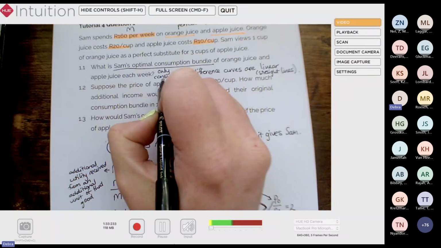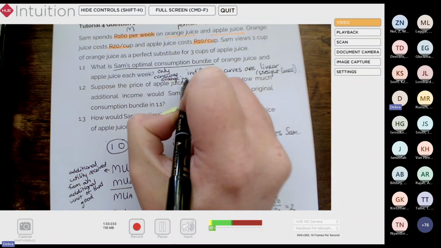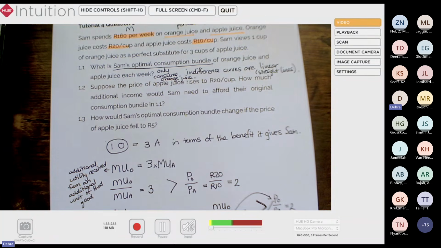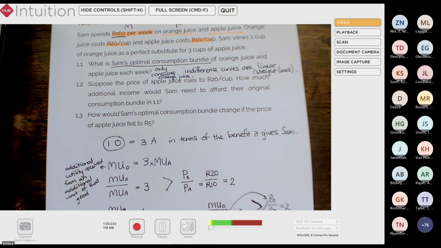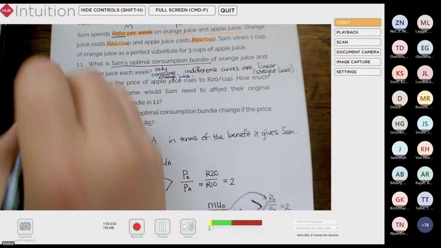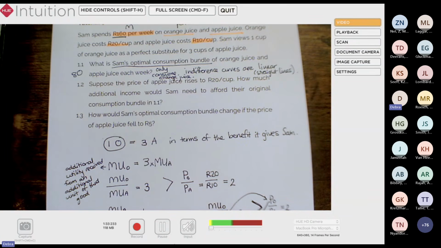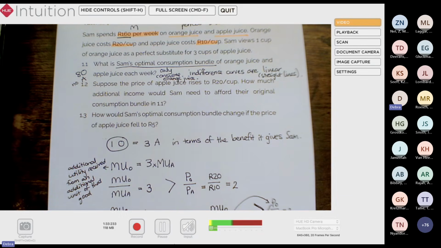And what that means is that the 160 that he has available to spend on orange juice is going to afford him 8 cups of orange juice, and he's going to consume no apple juice. So his optimal consumption bundle per week is going to be 8 cups of orange juice and no cups of apple juice. Does that make sense?